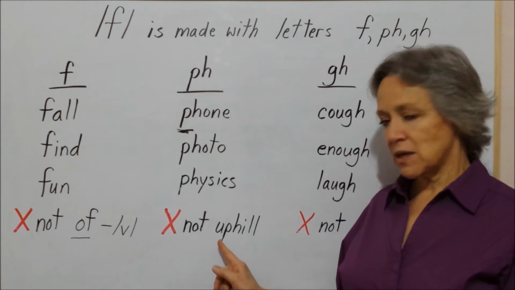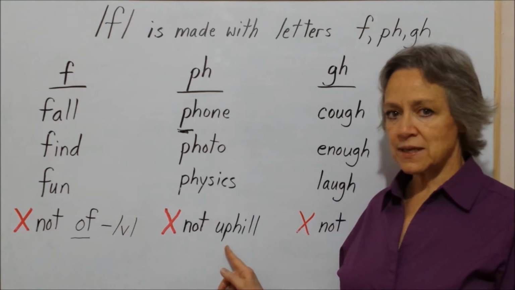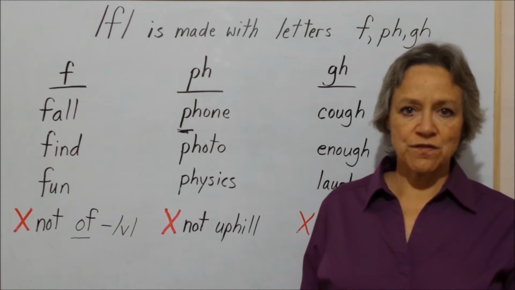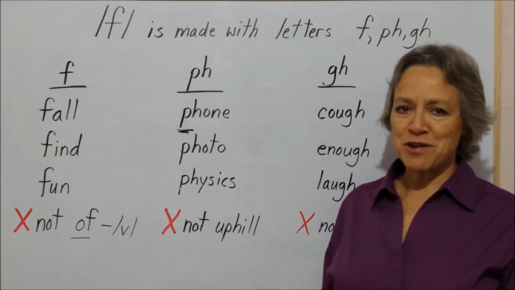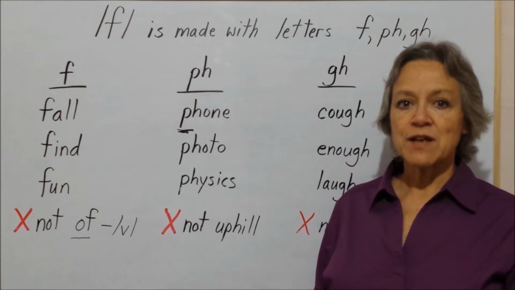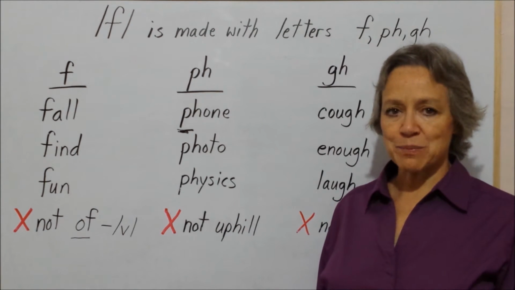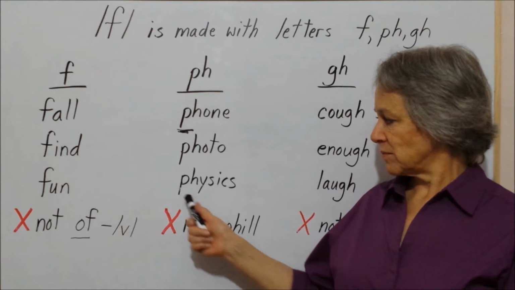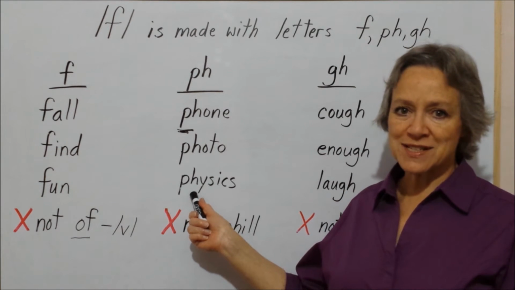So again, this is uphill. The PH does not make the F sound. But we do have many words where PH does make the F sound. Very often, the PH is at the beginning of a word, such as physics, or the beginning of a syllable.